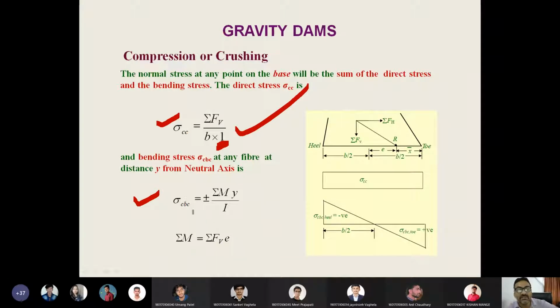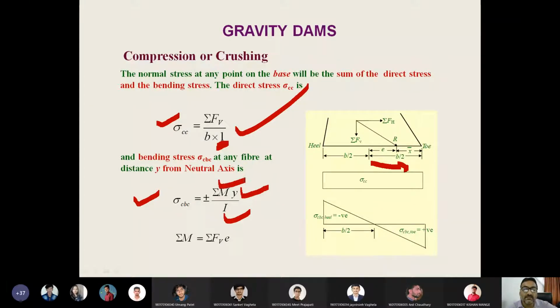And the bending stress is sigma CBC, plus or minus My by I. Y is the maximum value, which could be B by 2. This is from the center here, increasing in this direction. And what is I? Inertia.